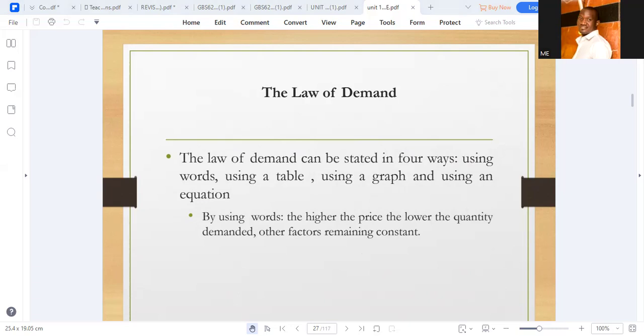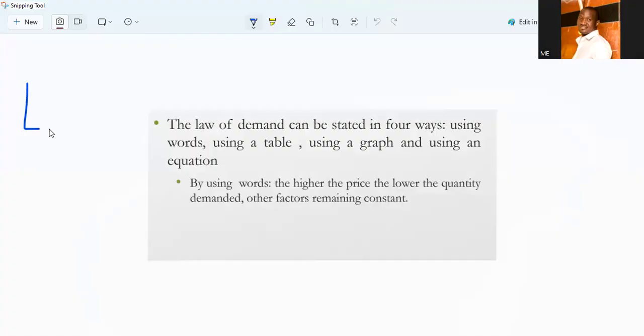So graphically, demand should be downsloping. A demand equation will look like this. Demand is given by A minus BQ, where A is the y-intercept and B is the slope.